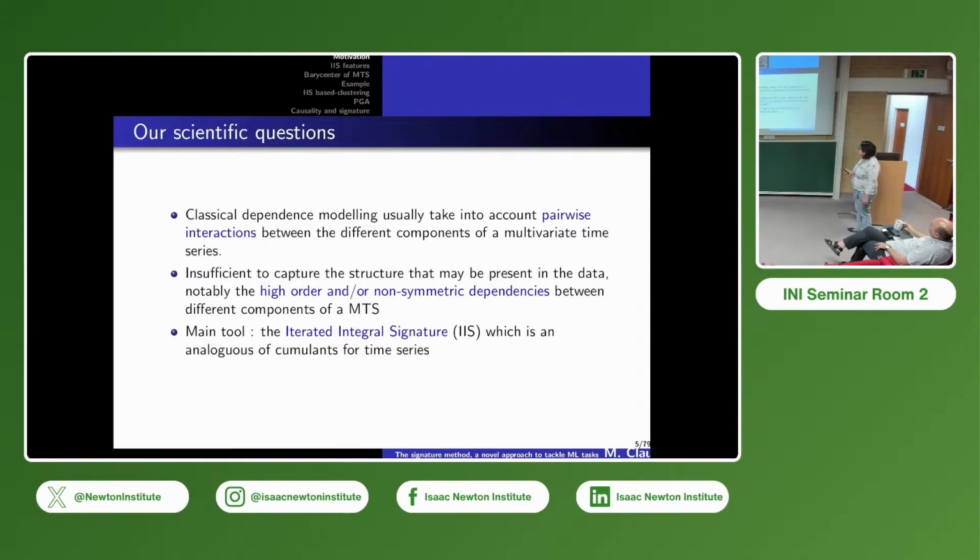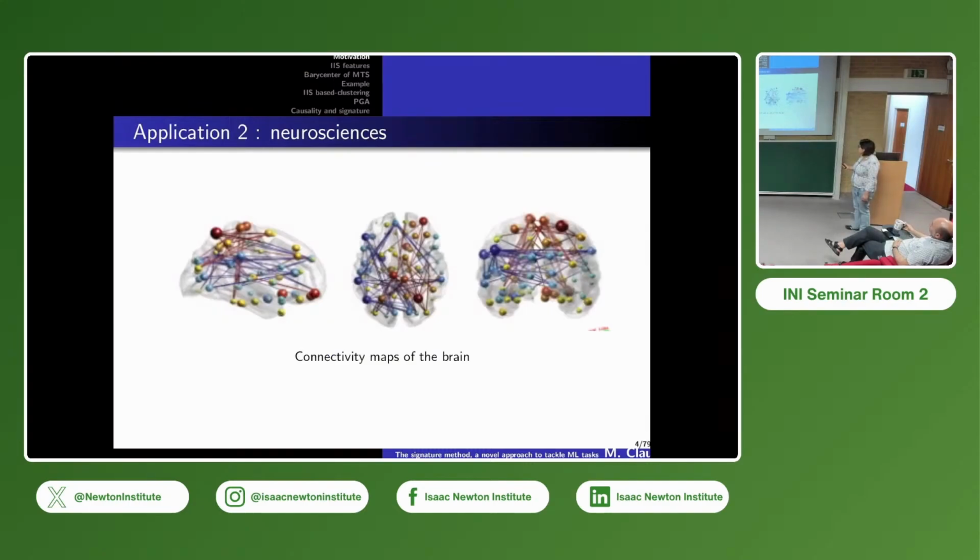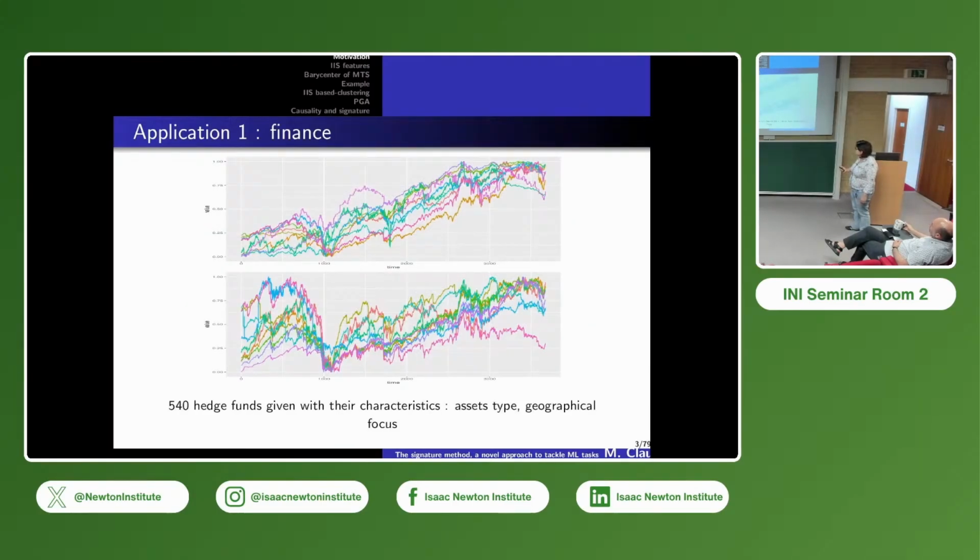When you tackle these problems, a lot of people are considering pairwise interaction because it is a nice way to do so. For example, to tackle this problem of connectivity maps, people study correlation maps, or correlation within the time series, precision matrices and so on.